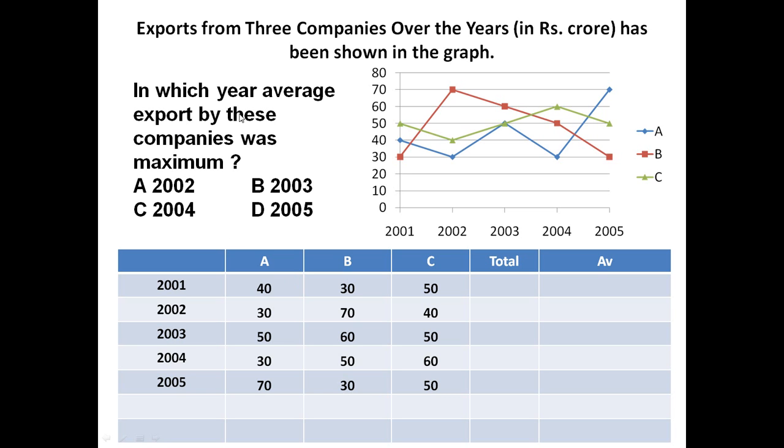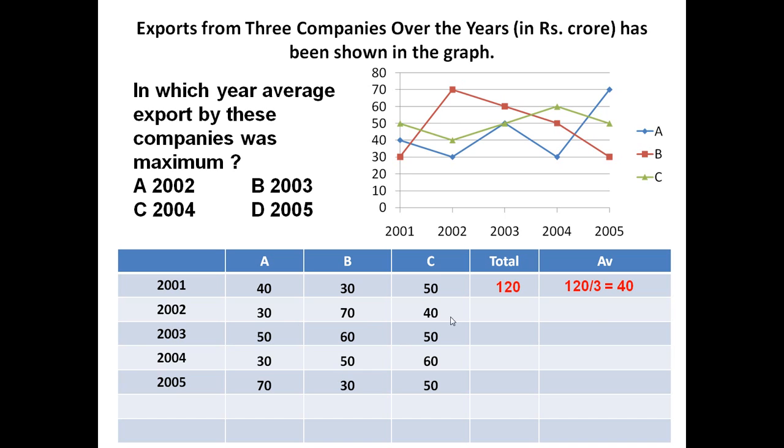Now in which year was the average export by these companies maximum? Let us see in 2001 what was the average export. Export by A was 40, B was 30 and C was 50. If you add these 3 you will get total 120. 120 by 3 because 3 companies are there, so average is 40.